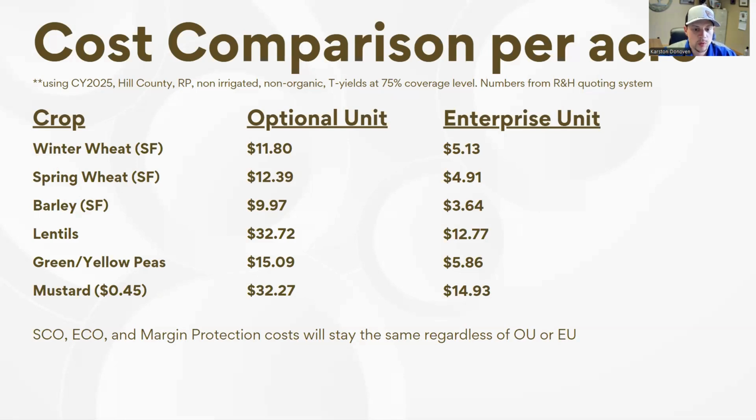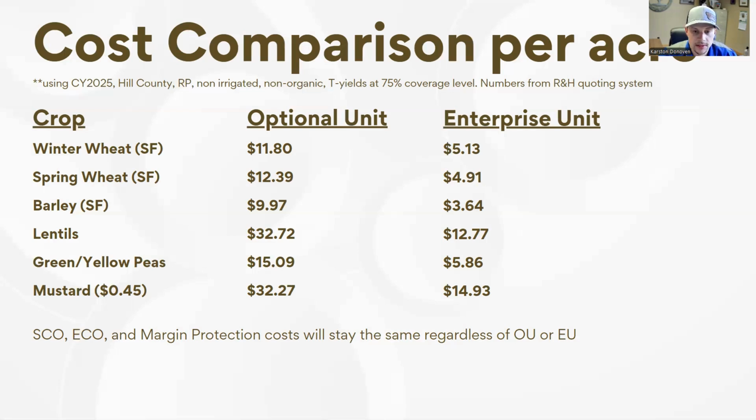If you take a look at wheat, for winter wheat and spring wheat, it's around $12 for an optional unit, whereas the enterprise unit is closer to $5 an acre. Barley, just about $10 for an optional unit, and $3.64 for an enterprise unit. Where you see some pretty significant savings is on the crops that have a little higher guarantee.